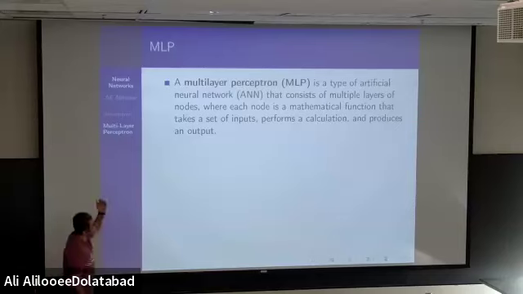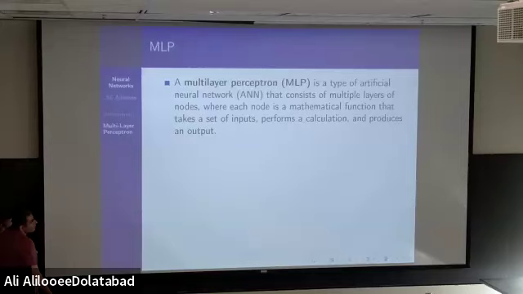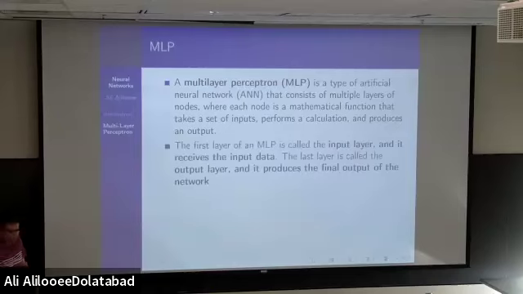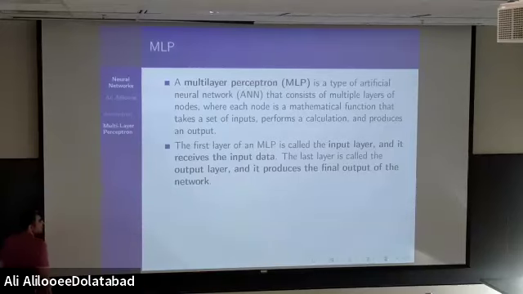It is abbreviated by MLP, a type of artificial neural network that consists of multiple layers of nodes, where each node is a mathematical function that takes a set of inputs, performs a calculation, and produces an output. So the first layer of MLP, as we explained before, is called the input layer, and it receives the input data.